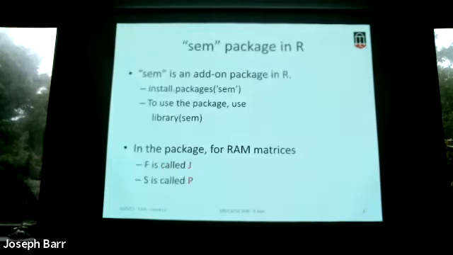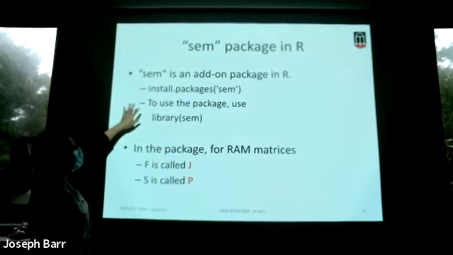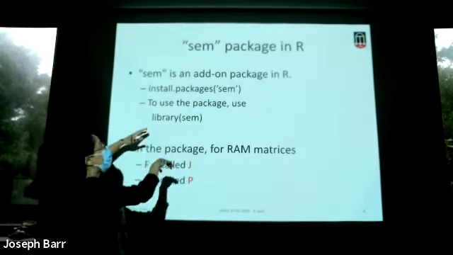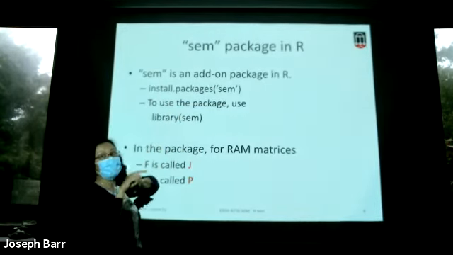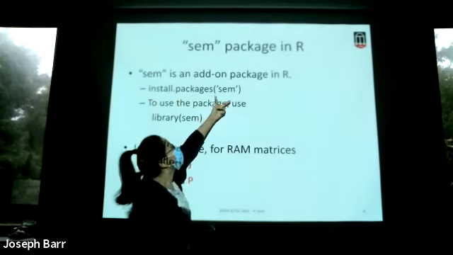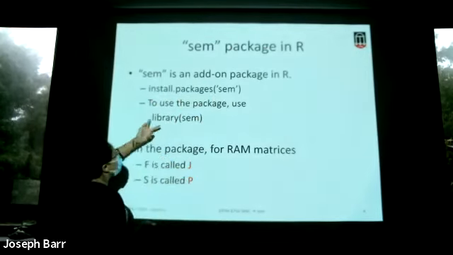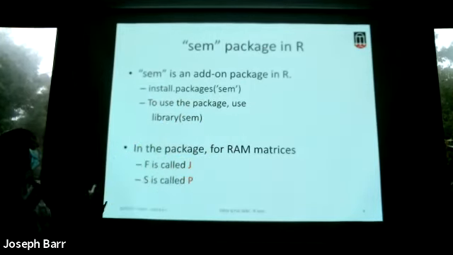Today we're gonna use a very special package in R called sem. So just follow the previous procedure. If you haven't installed that package into your R, you have to install it, and then use library to activate that package.